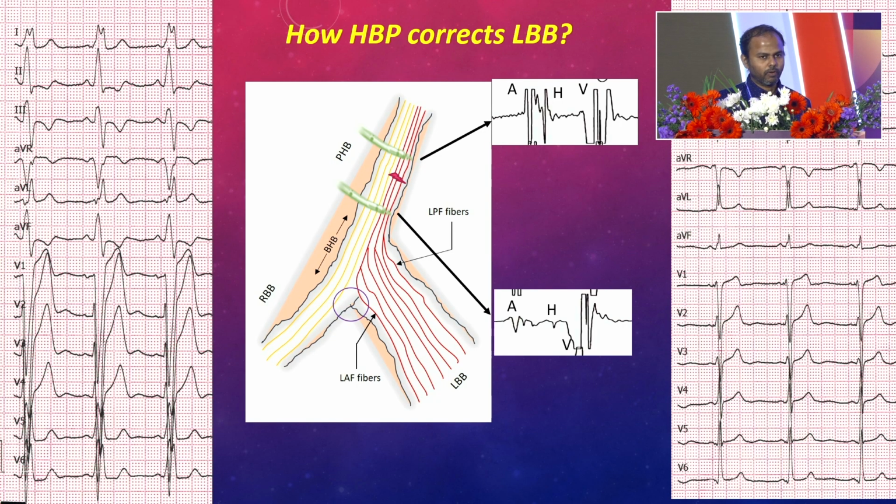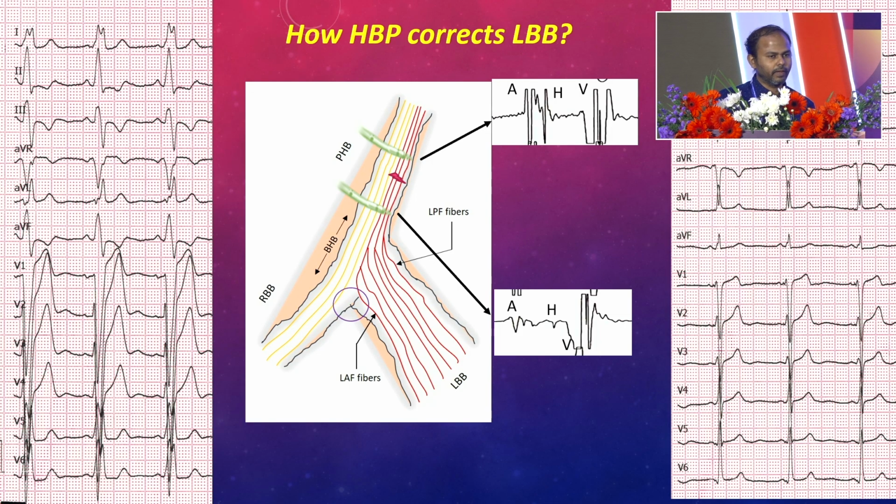I've given yellow color for the fibers going into the right bundle and red color for fibers going into the left bundle. So if you have any segmental disease within the His bundle, the patient can have either left bundle branch block morphology or right bundle branch block morphology. All you have to do is identify that diseased segment and deploy the lead just distal to the site of the diseased His bundle.